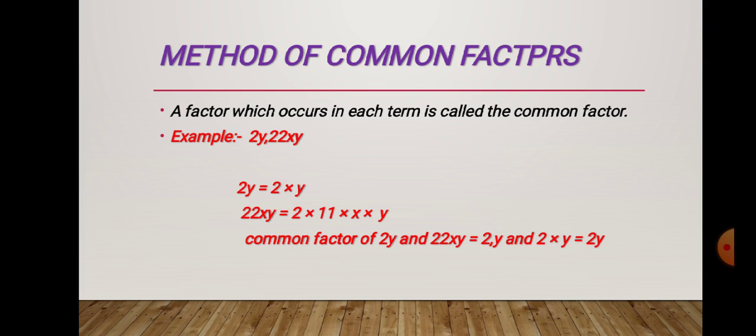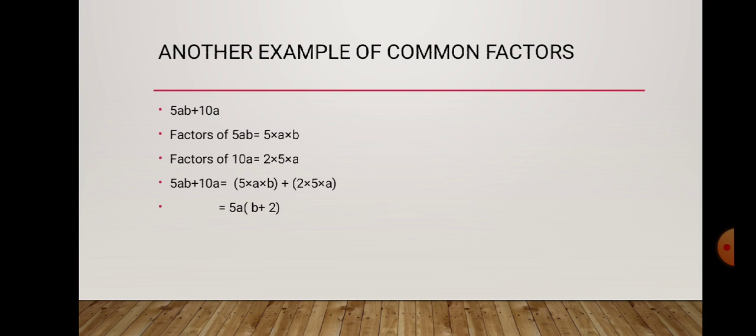And 22xy factors are 2 multiplied by 11 multiplied by x multiplied by y. So what are the common factors? 2 will occur and y will occur in both. So common factors of 2y and 22xy are 2, y, and we can write also 2 multiplied by y, and the last we can write 2y.